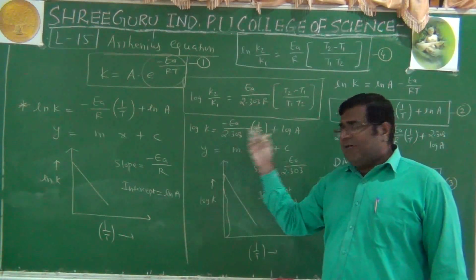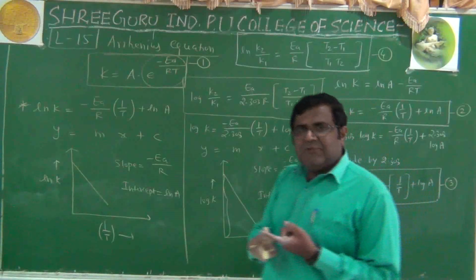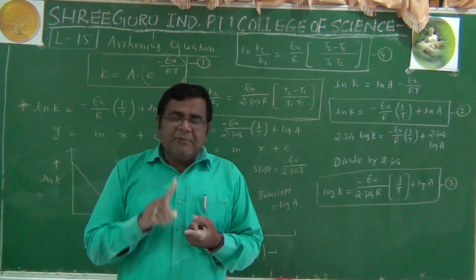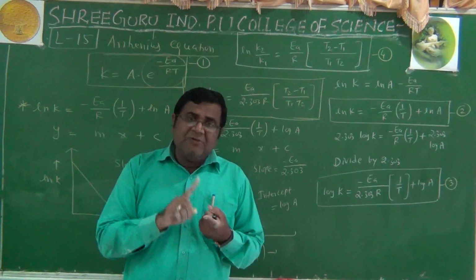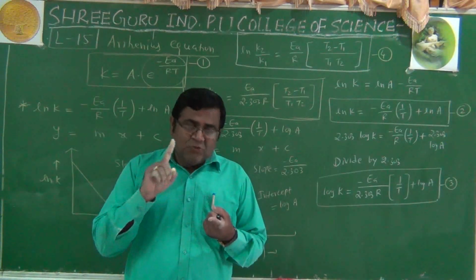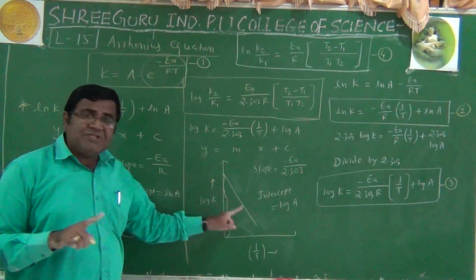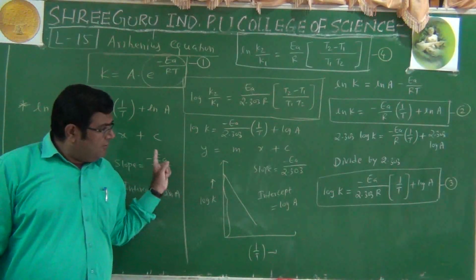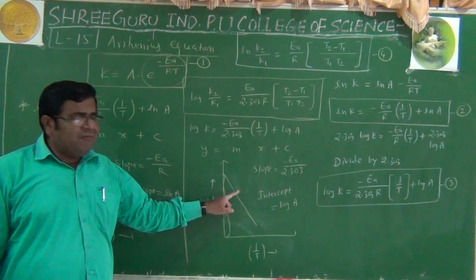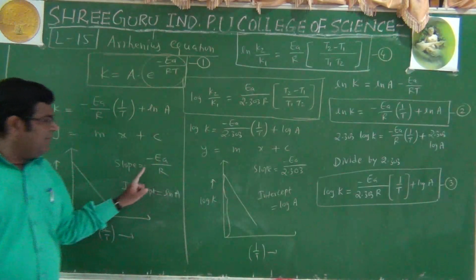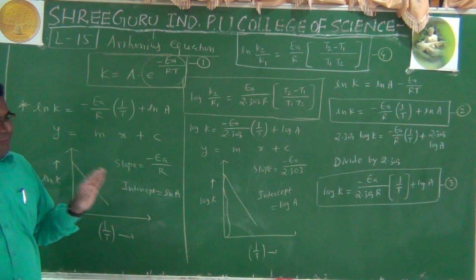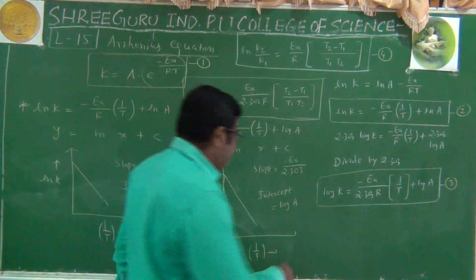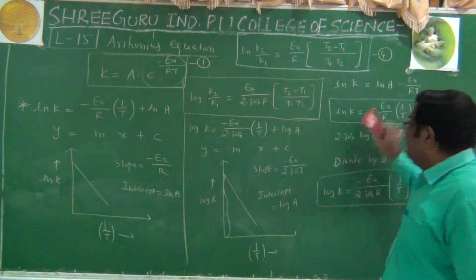Previously we have done the 5 forms of Arrhenius equation, various terms involved in them, and 2 graphical representations, and for those graphical representations, the slope and the intercept values should be known to you. Then only you will be able to solve the questions based on this Arrhenius equation.